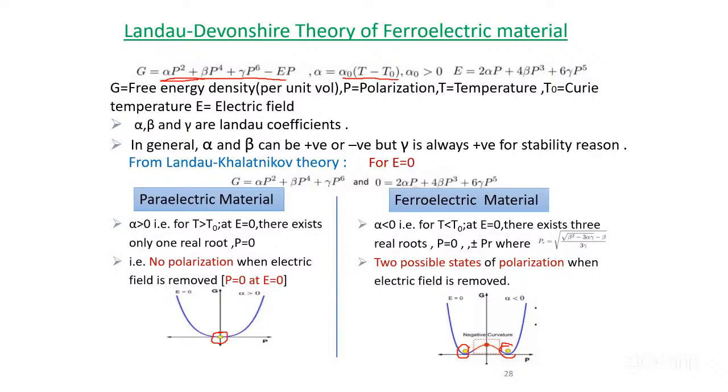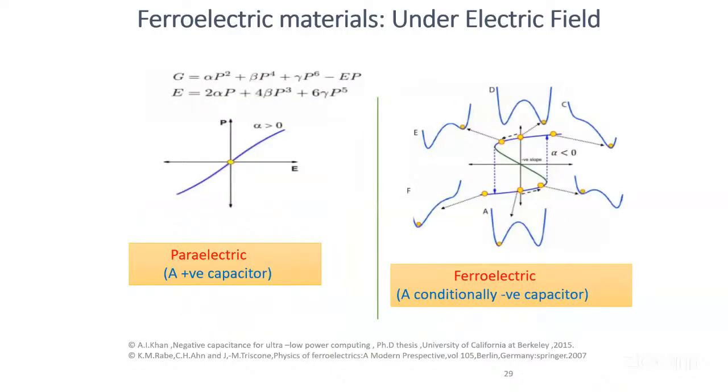Now, when the ferroelectric materials are subjected to the electric field, in a normal capacitor with a paraelectric dielectric, you will have this kind of relationship. But in a ferroelectric material, you will get an S-shaped curve between the electric field and the polarization. This point is the saturation polarization, and this point is the saturation polarization.